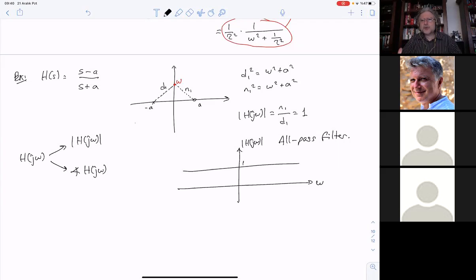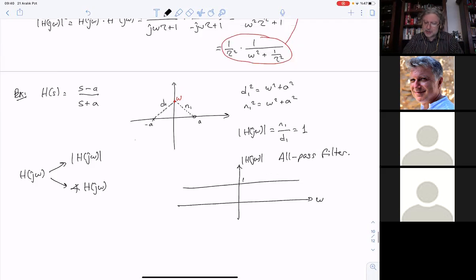Let me quickly show you that formula, but I have to indicate that it's not necessary for you in the final examination. I don't intend to ask questions regarding plot the angle response kind of questions. I don't ask them, but I do ask magnitude response related questions. But we have to know the angle response too. Let's check.